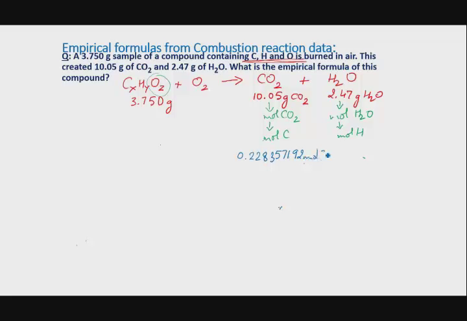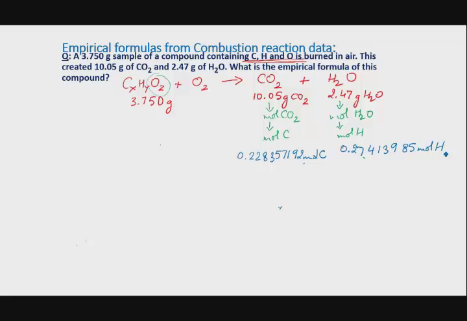And moles of hydrogen comes out to be 0.27413985 moles of hydrogen. I haven't rounded yet. These are the number of moles of carbon and hydrogen we calculated.